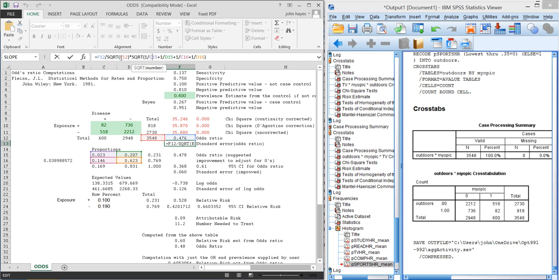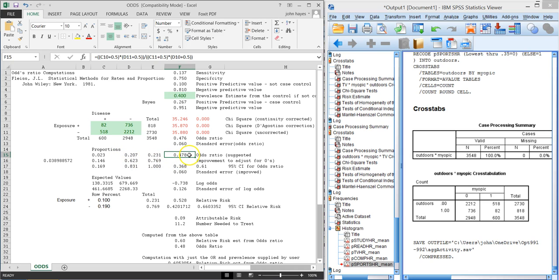So that gives us the standard error, and then this odds ratio is used. Sometimes there's a cell size that has 0, and the whole thing blows up in that case.